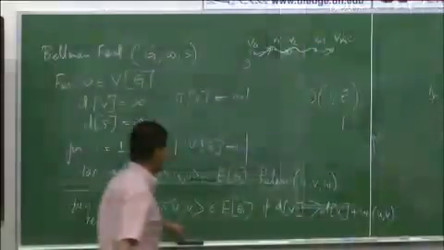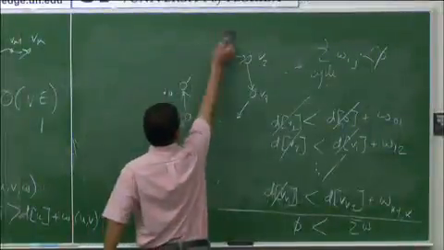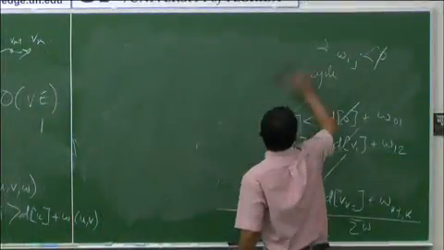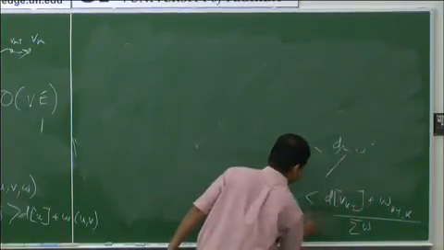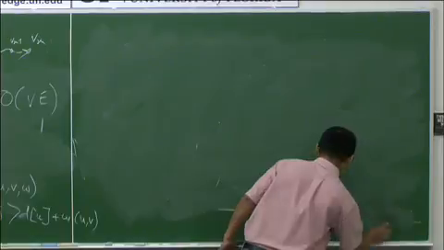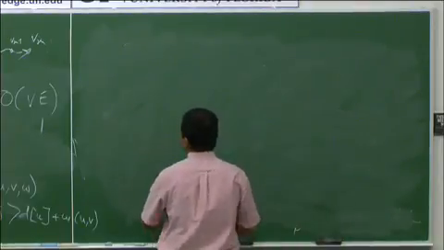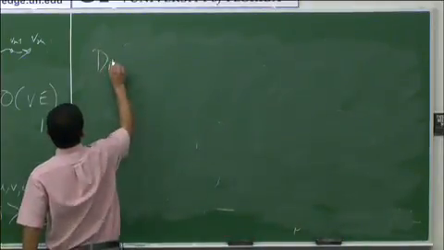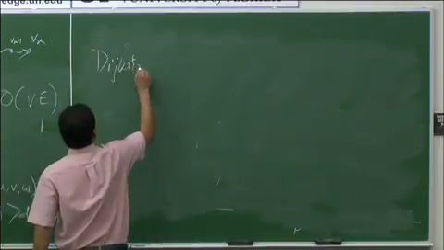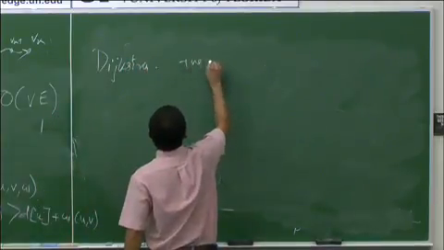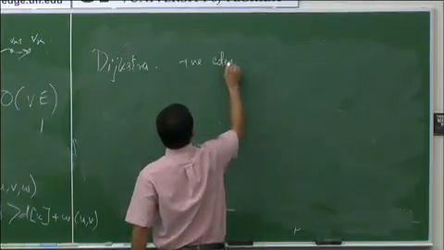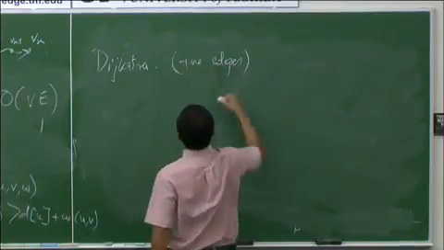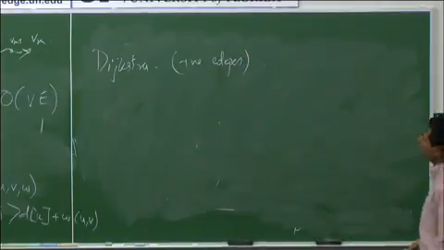Before I get into things, let us just make sure that we know all the complexities of the algorithms we have described so far. So, we have Dijkstra, assuming that you have positive edges.